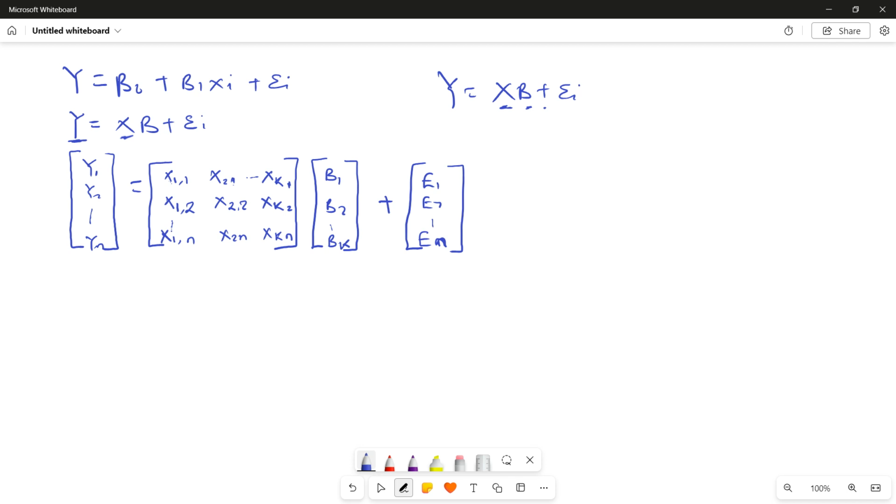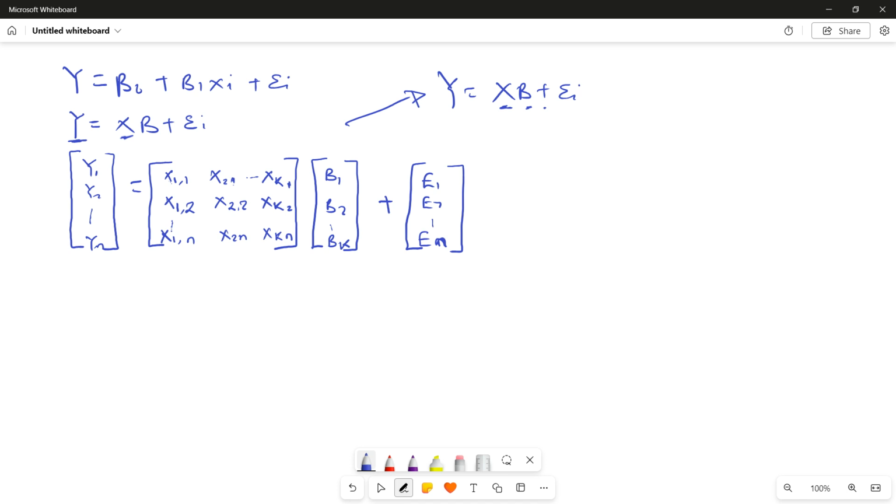Again, the error terms will be contained in a vector from error term 1 up to error term n. When we open the brackets, we'll still go back to the same model.